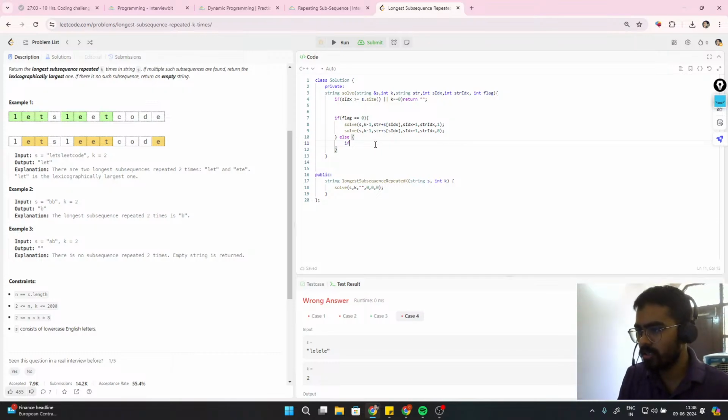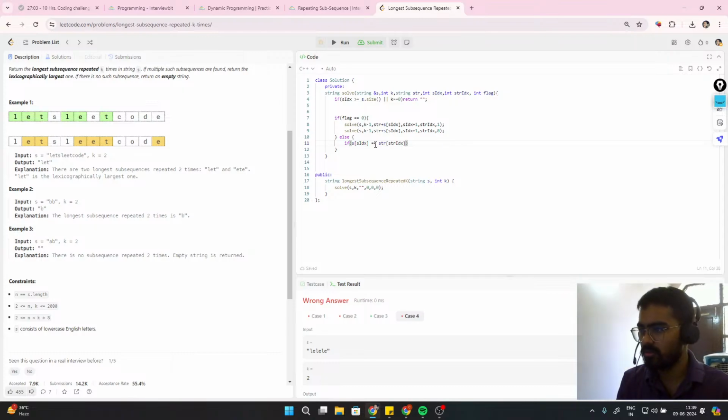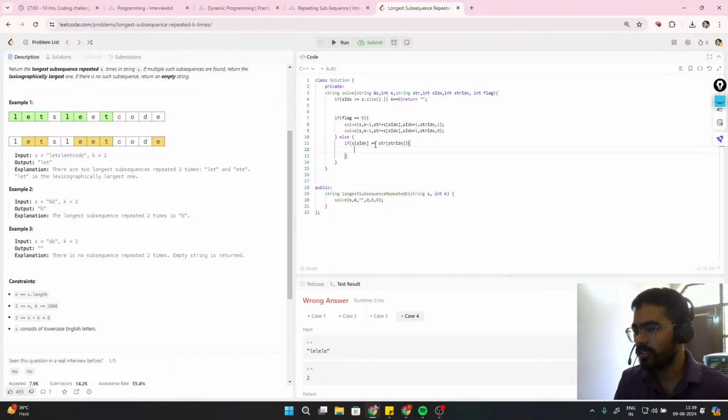I need to check if s of sidx equals str of str idx. If they match, then increase.